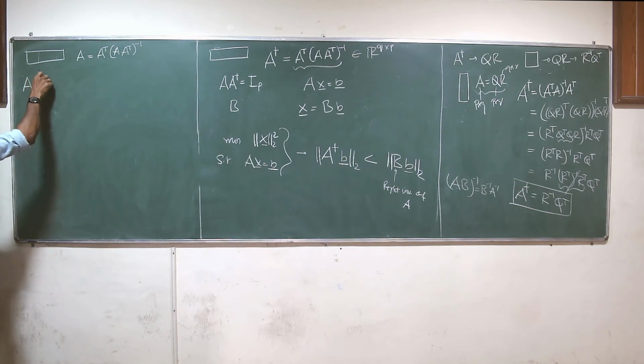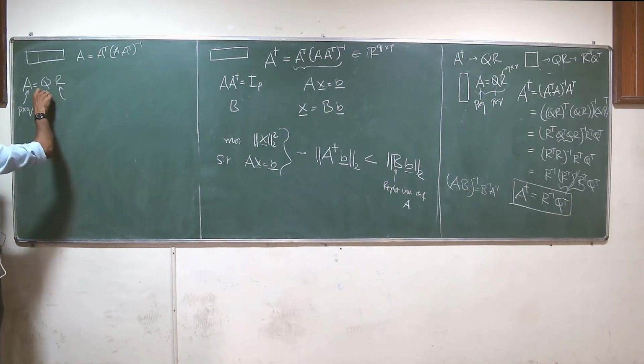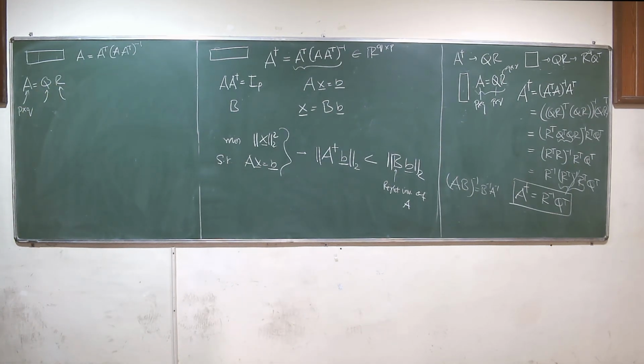A equals QR. This is P cross Q. What will be the shapes of these two matrices? We talked about this in the last class, or maybe the class before.